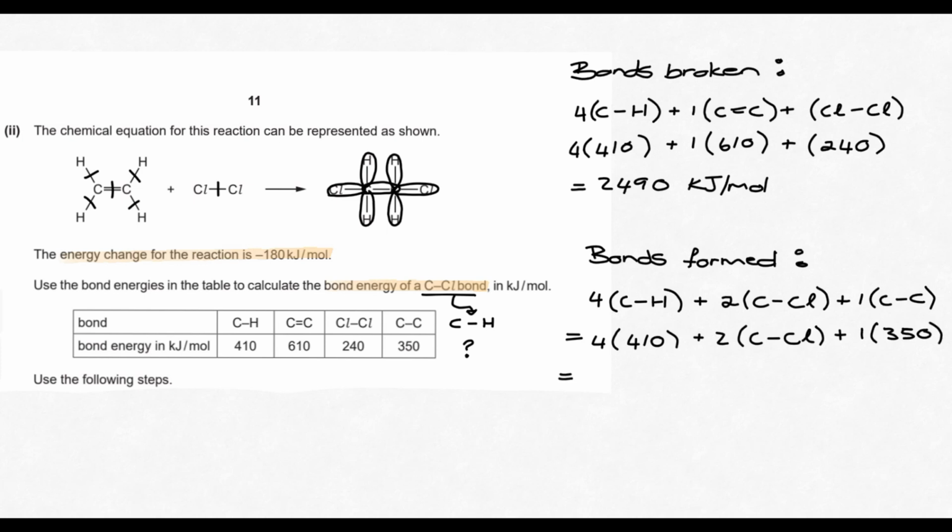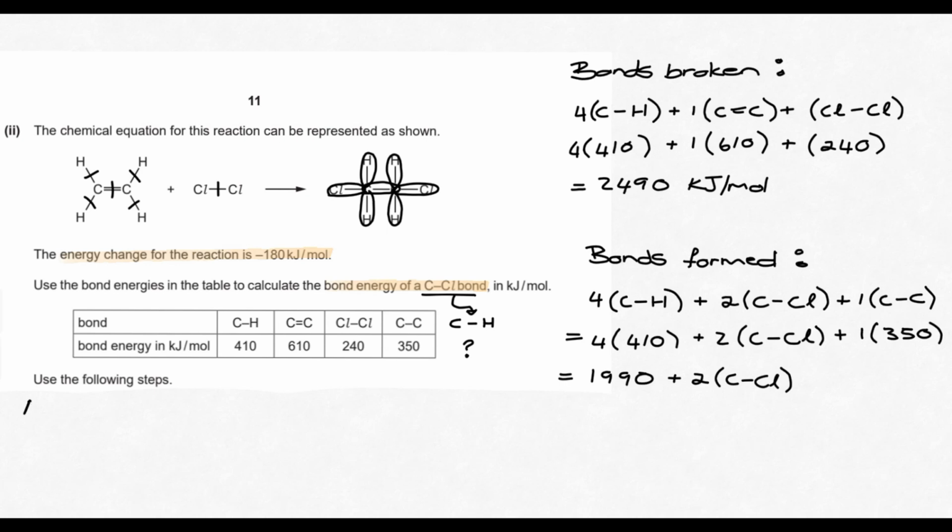So I'm going to multiply my 4 in with the 410 and then add 350, and that will give me 1,990. And I'm going to rewrite again my 2 carbon-chlorine bonds. So we can't work out the carbon-chlorine bond just yet from what I have. So we're going to move to the next and final step.